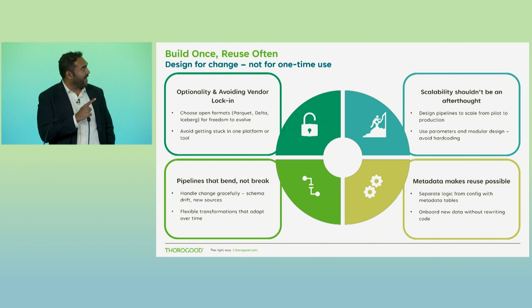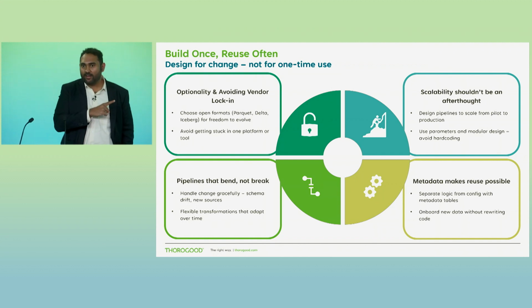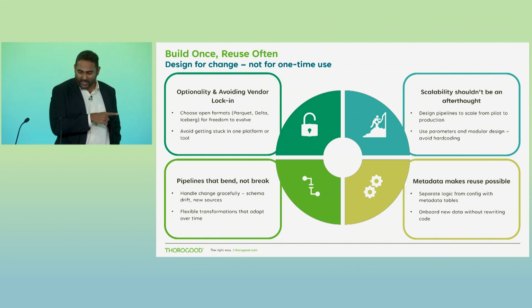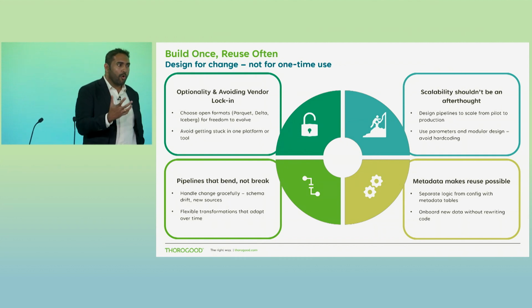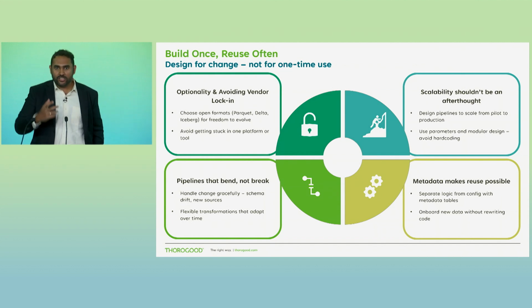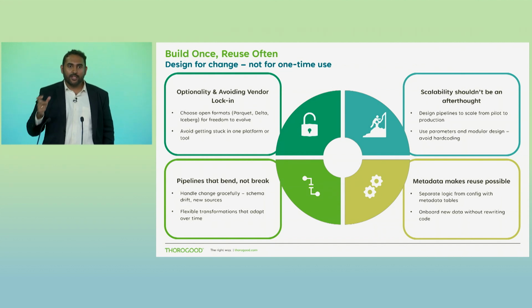The last principle I have here, but still a key one, and something that we have mentioned multiple times today, is optionality and avoiding vendor lock-in. The AI ecosystem is constantly changing. You have new models coming every now and then, and each time with better capabilities. So we should not be locked into a particular vendor.